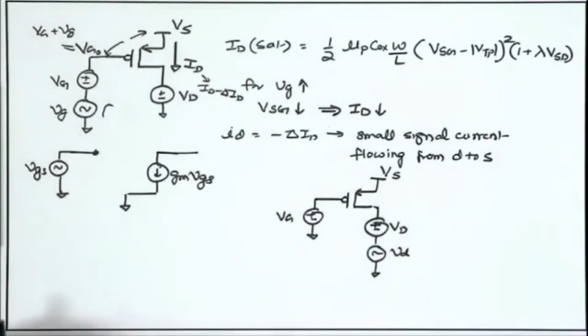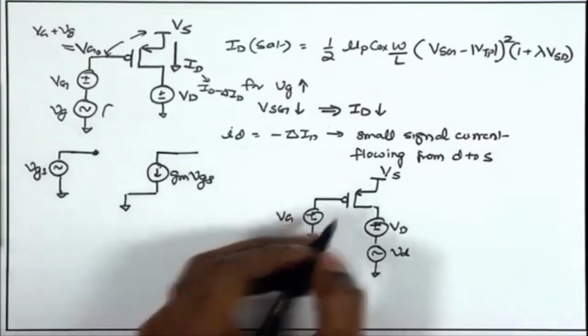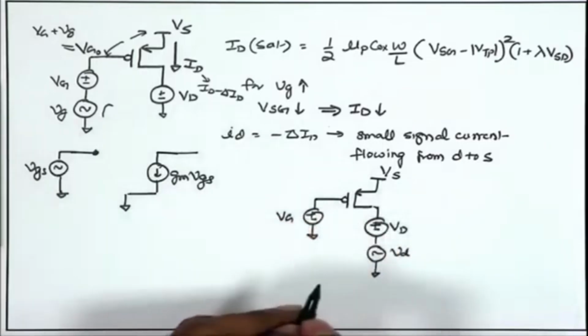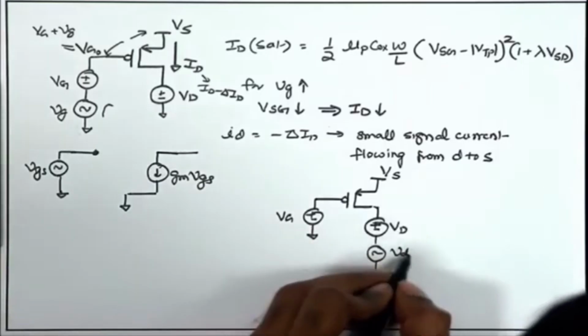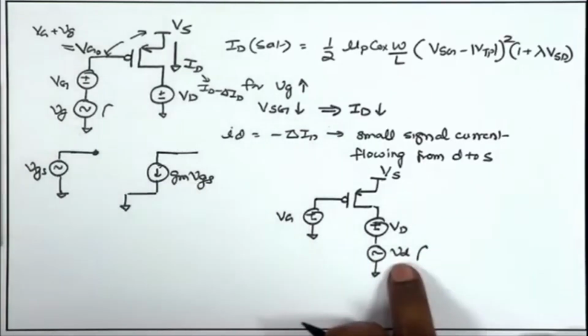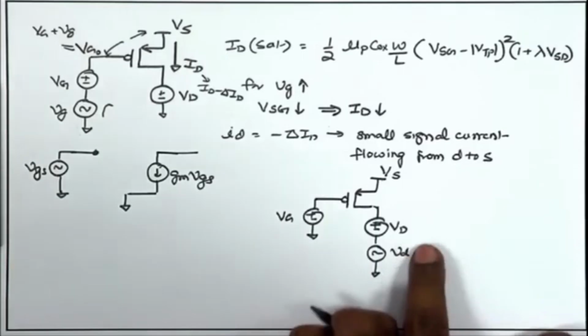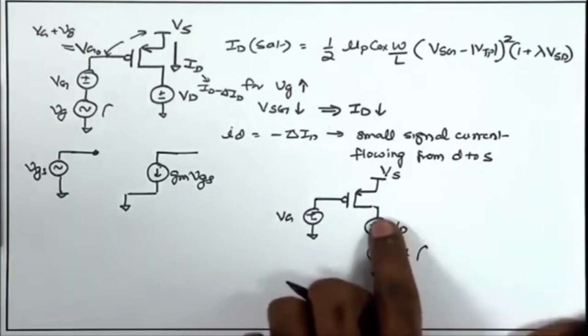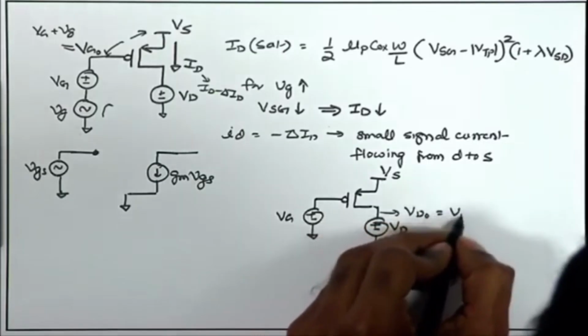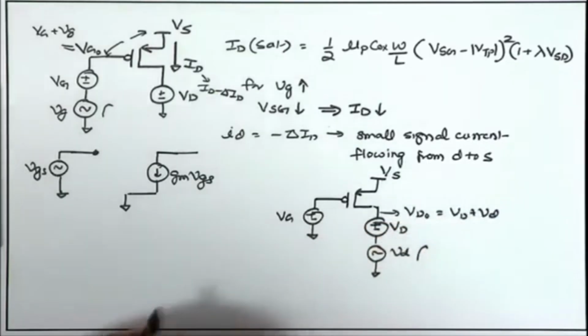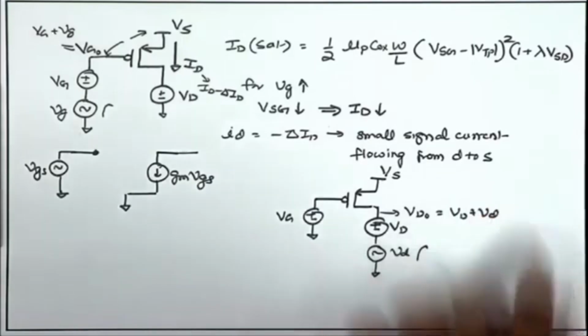So, in presence of this small Vd, what do I expect should happen to the small Id? Remember, if I increase the Vd, make it more positive, the absolute Vd, which I can call Vd naught, is equal to Vd plus small Vd, that is going up.